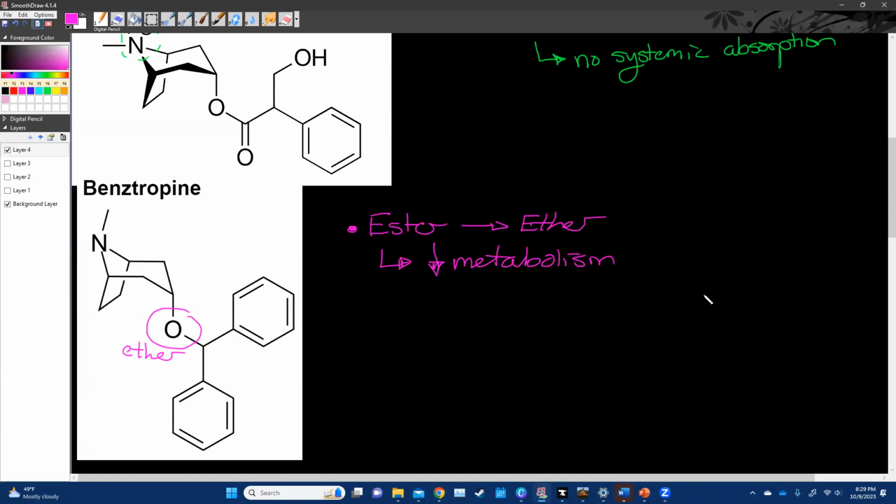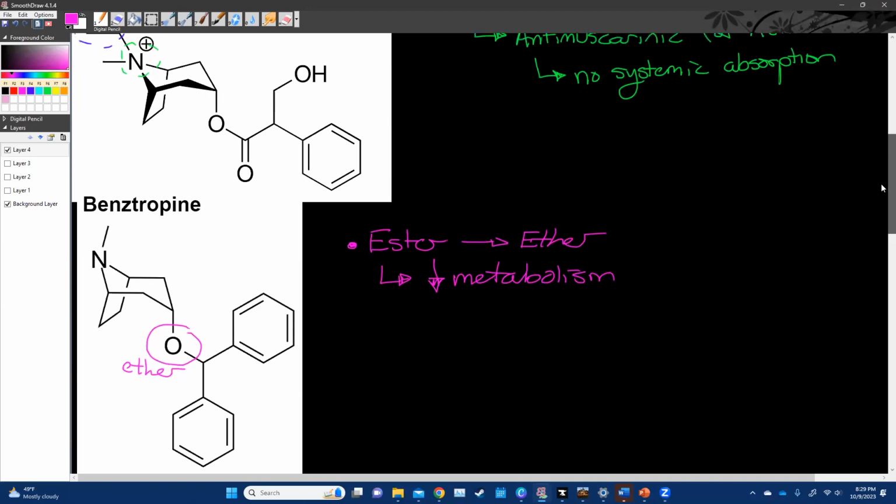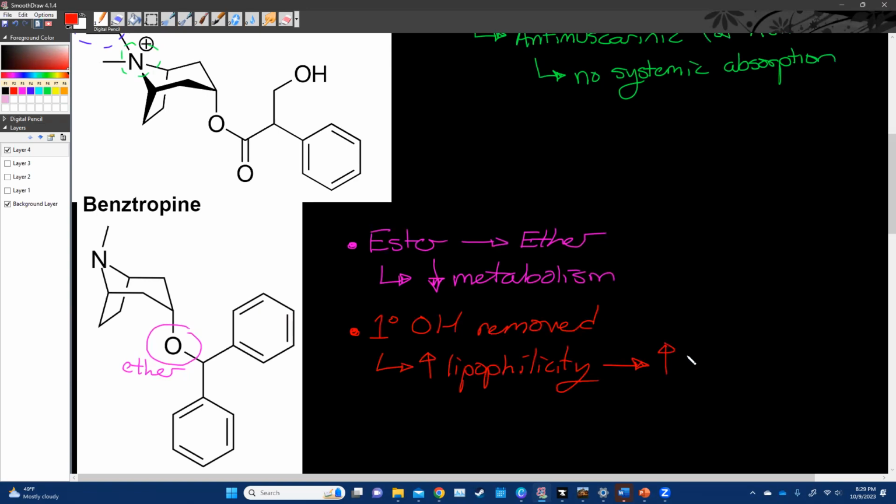What's the other thing that got removed as part of the structure of benztropine? So the first thing that got removed was the ester. What's the other thing? The alcohol. So our primary alcohol was removed. This means that we're going to be increasing lipophilicity, which means that benztropine has maximum BBB penetration.